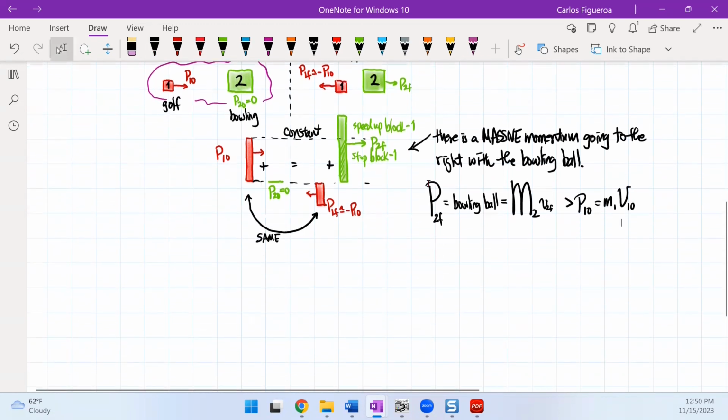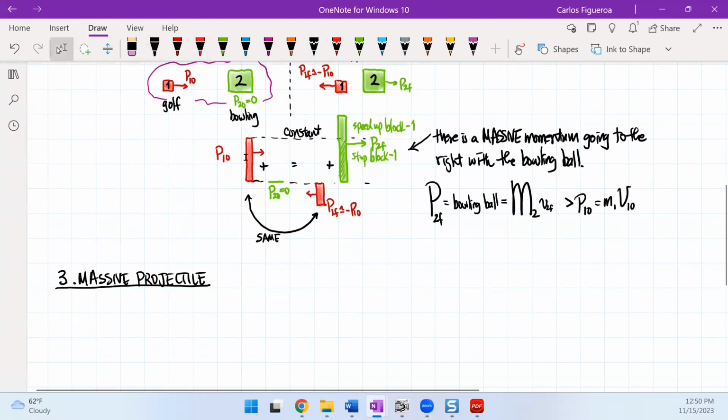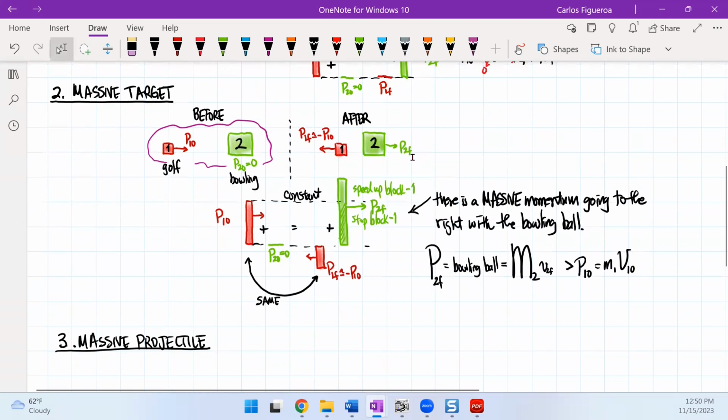So now let's go to the last piece before we move on and look at an example. We want to look at a massive projectile. So if I look at a massive projectile, what is it that I'm seeing here? Remember, I want to set up the same thing. I need a before and after, and I need to identify my system.